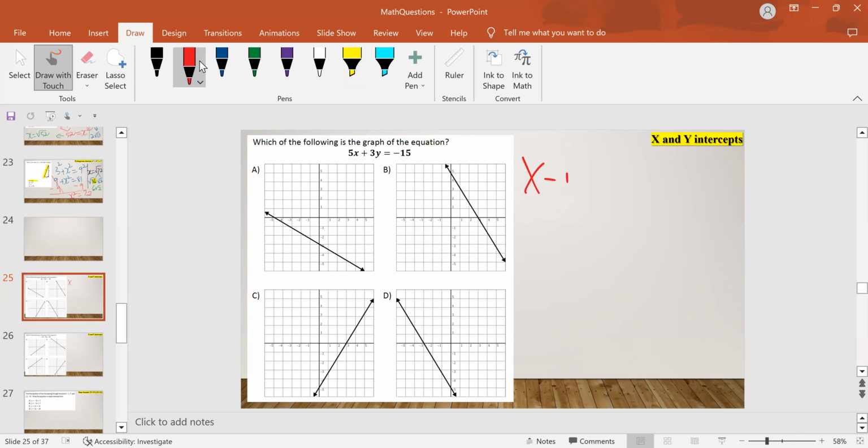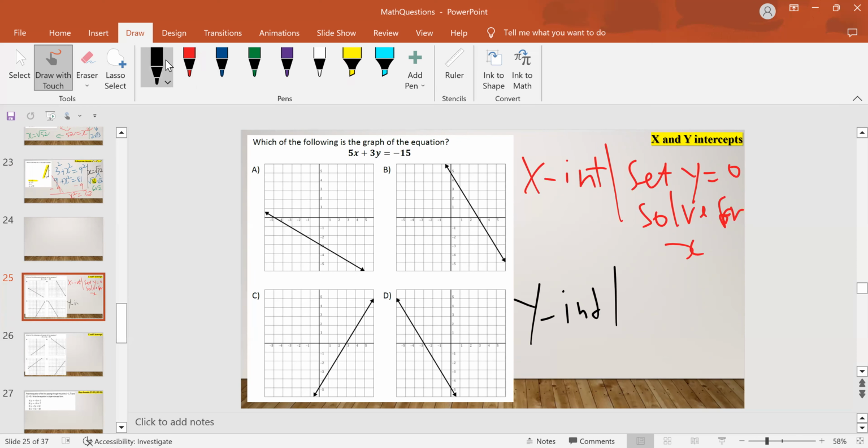To find the x-intercept, you have to set y to 0 and solve for x. To find the y-intercept, we set x to 0 and we solve for y. That's what we're going to do.